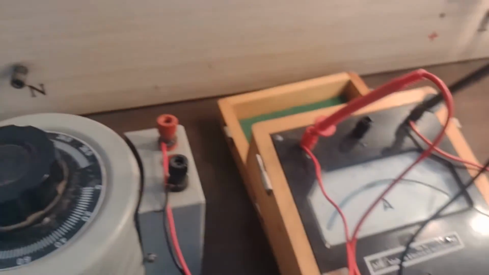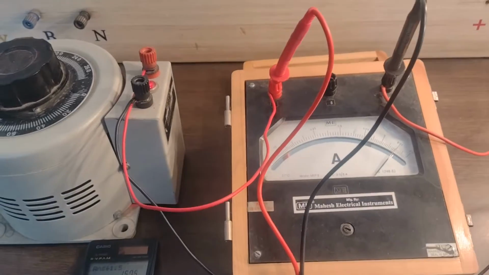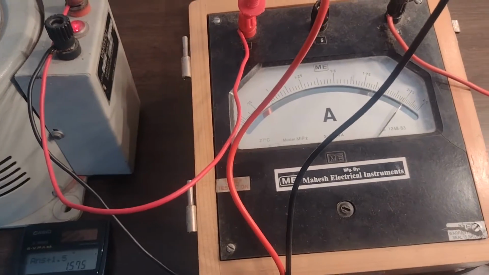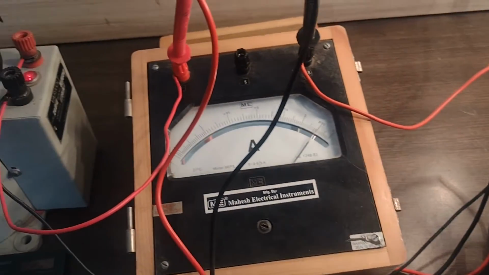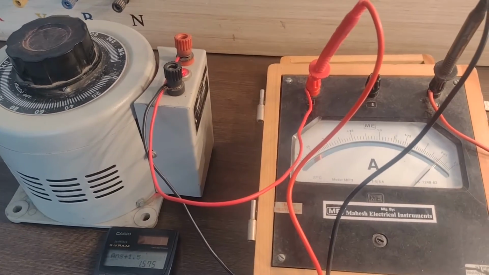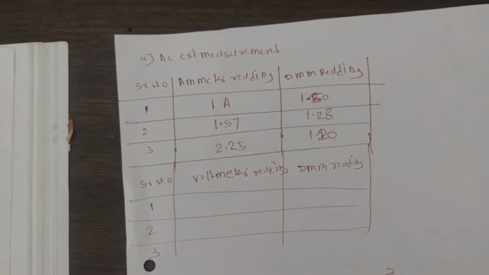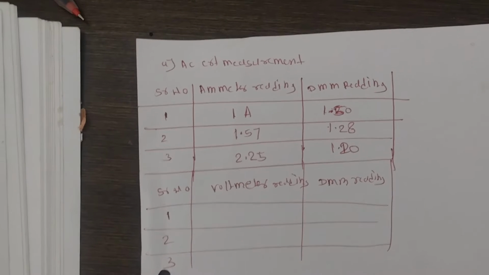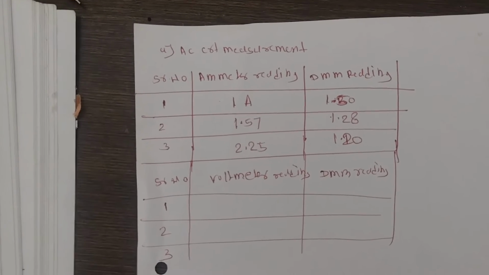So we can measure the values of AC current with the help of ammeter or with the help of this digital multimeter. So you can write down the values of AC current in the observation table.